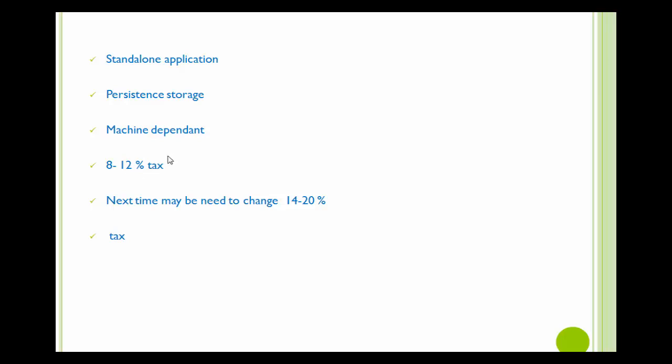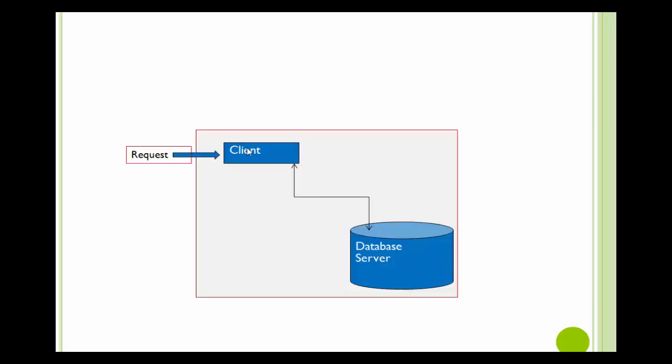For example, earlier at the implementation level, 8 to 12% tax is applicable. But as per government rules and regulations, they have increased the tax percentage from 14 to 20%, for example. Then definitely you have to change your validations on the server side or the client side. In that case, you have to take downtime.